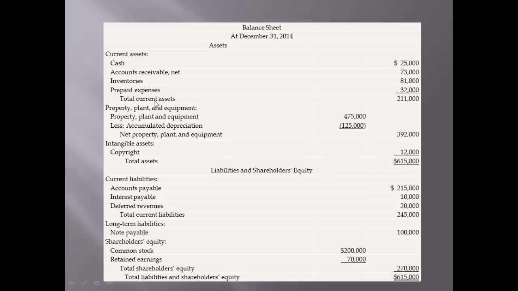Now let's look at non-current assets. Non-current assets are those assets that are expected to provide benefits beyond the next year or operating cycle, whichever is longer.